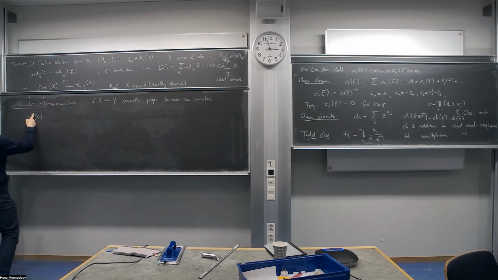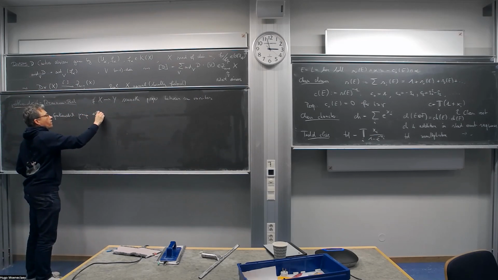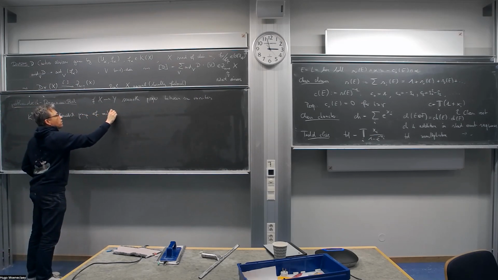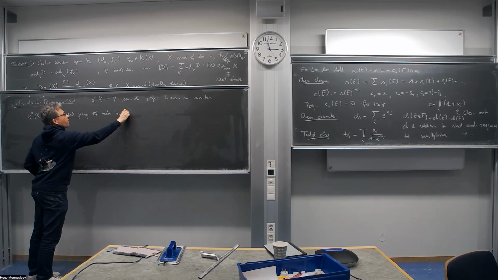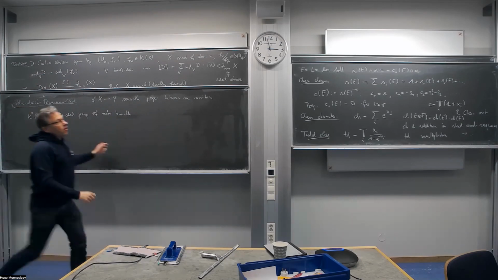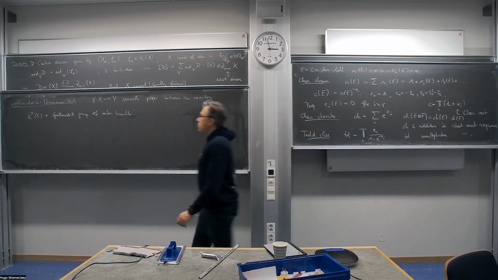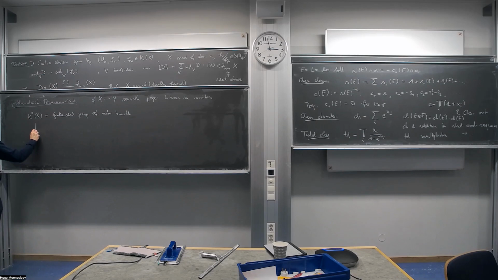And K^0 of X is just the Grothendieck group of vector bundles, so formal linear combinations of vector bundles modulo short exact sequences. And because the Chern character is additive with short exact sequences, it's well defined.